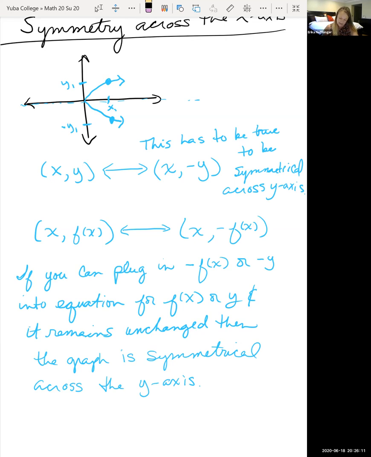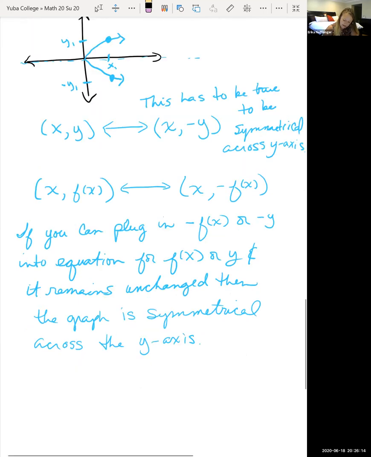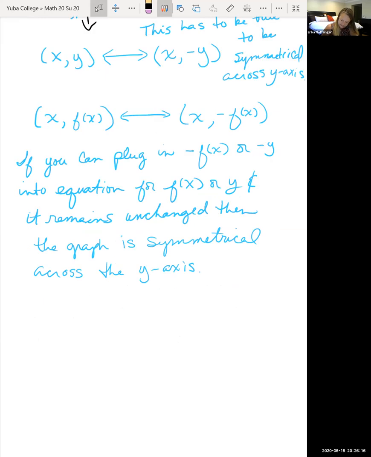So for instance, let's try an example to see. The following example says, list the intercepts and test for symmetry of the following equations. So let's test first for symmetry.